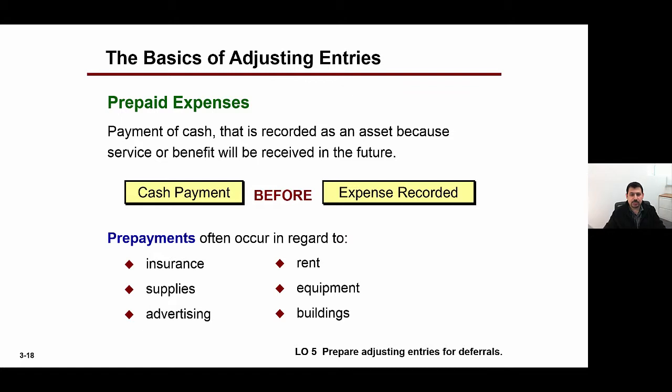So this is basically an asset that we will be using in the future to generate revenues. And there are several examples of this. We talked already about insurance. We can talk about supplies. We have equipment, building, rent, etc.